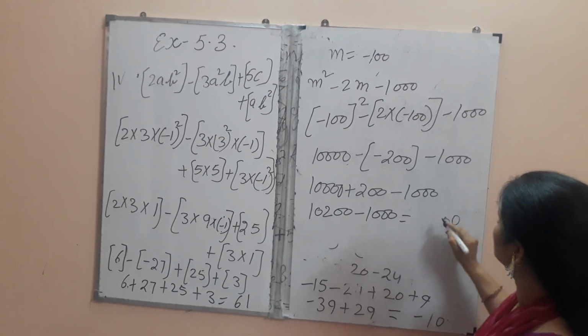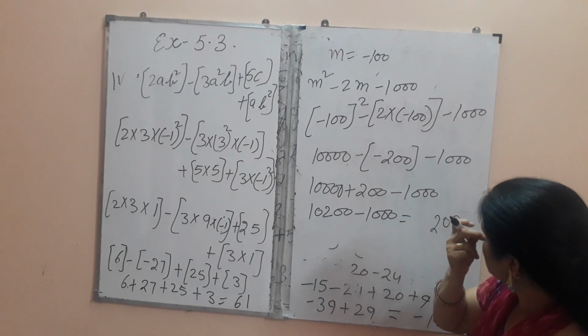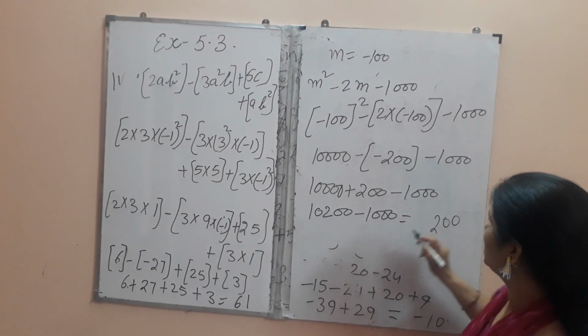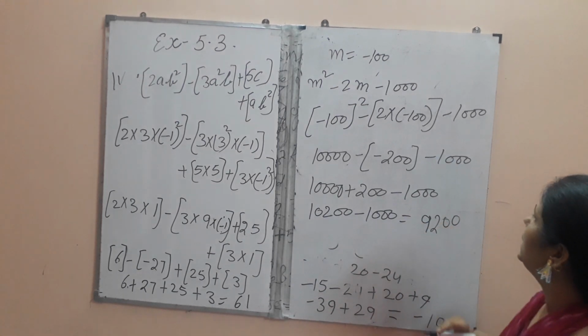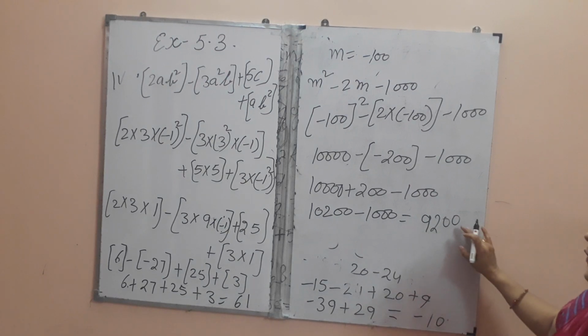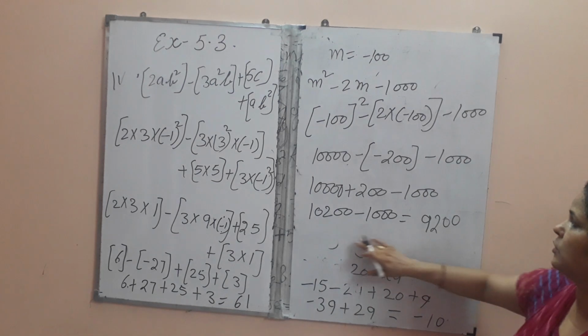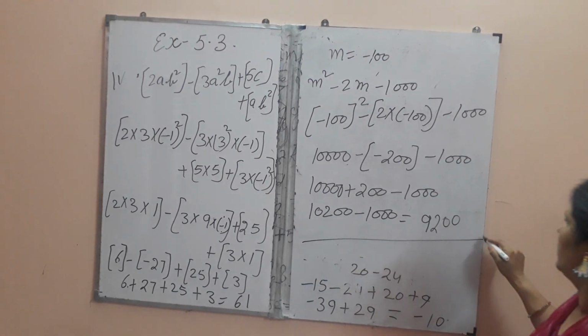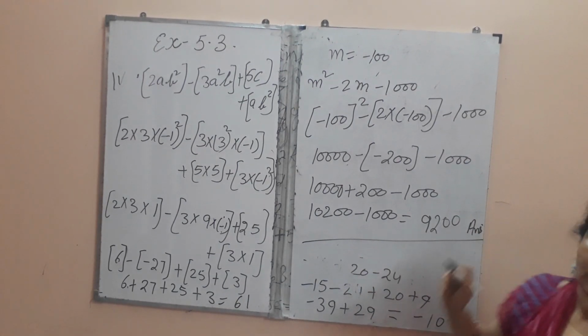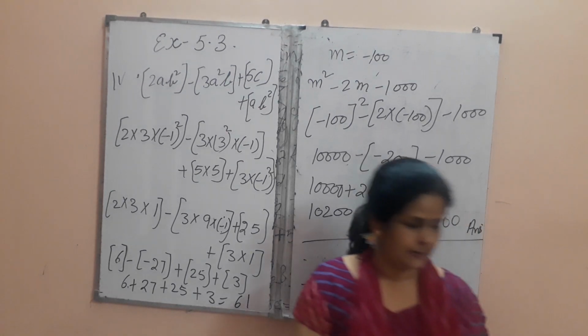Now 2 minus 0 is 2 and 0 minus 1 means 10 minus 1 is 9. So it will be 9,200 is the answer. Understood? 10,200 minus 1,000 is 9,200. This is the answer.